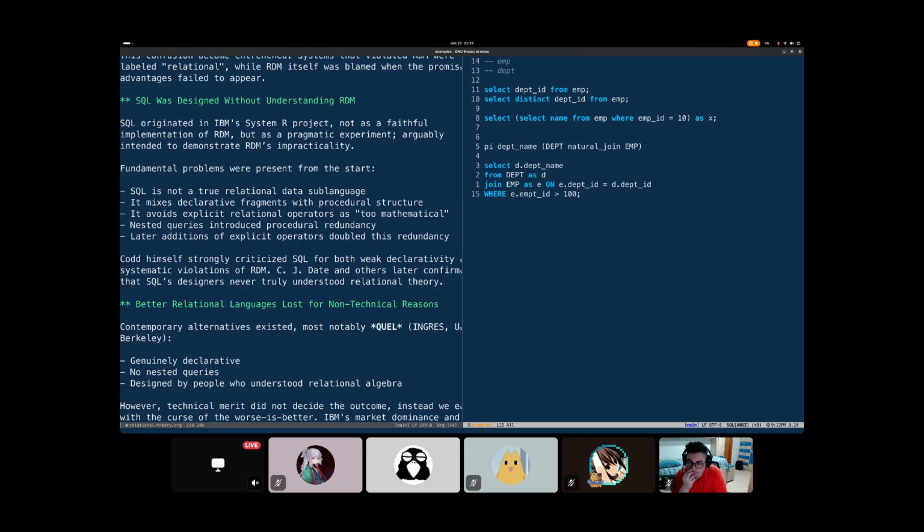So something like that. Now the user must decide the join order, the predicate placement, the subquery nesting, and the grouping structure. And all these choices affect the meaning.